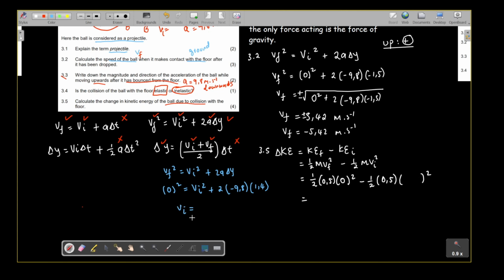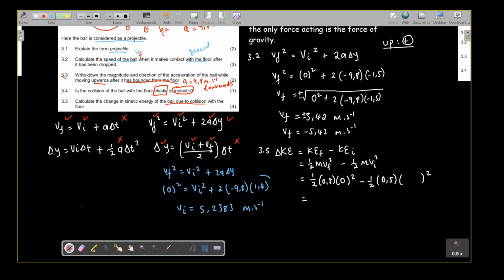So what would be our VI there? If you put that in your calculator, you get 5.2383. Make sure it's rounded off to 4 decimal digits because it's not the final answer yet. So it's 5.2383 meters per second.